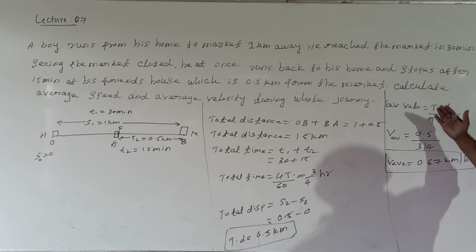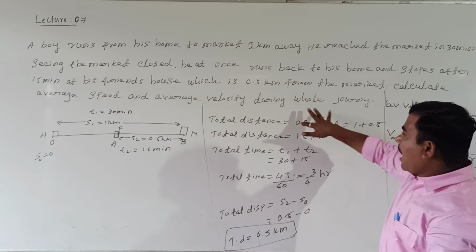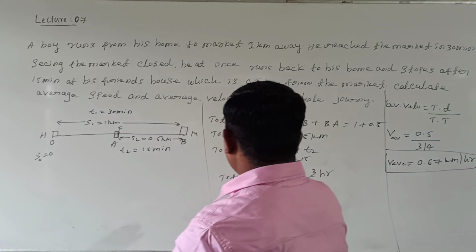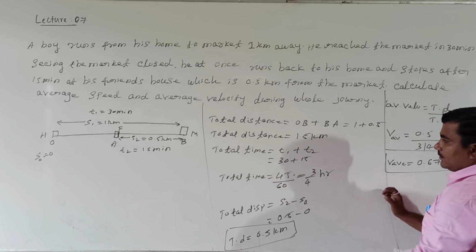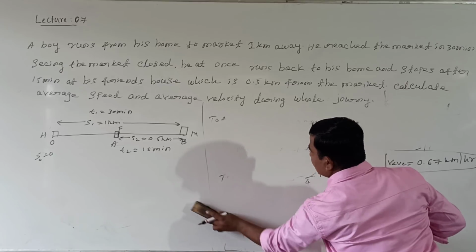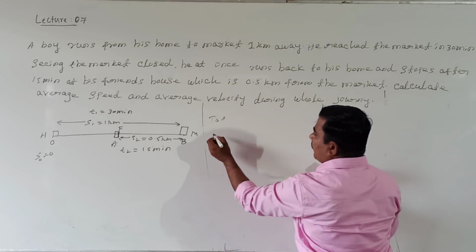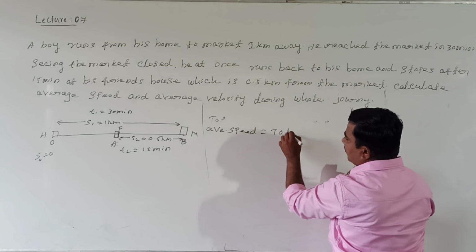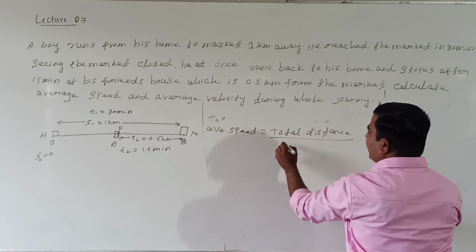This is the average velocity of the body. Average velocity is total displacement divided by total time. Then how to calculate the average speed here? Look at me. What is the total distance here? Total distance is 1.5 kilometer. What is total time? 3 by 4 hour. Average speed is total distance divided by total time.